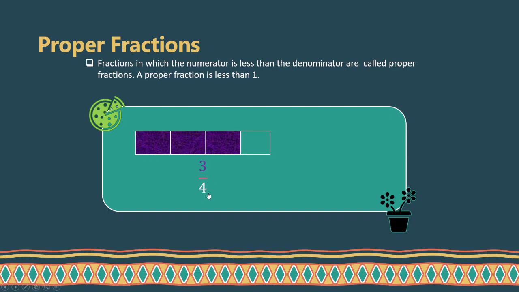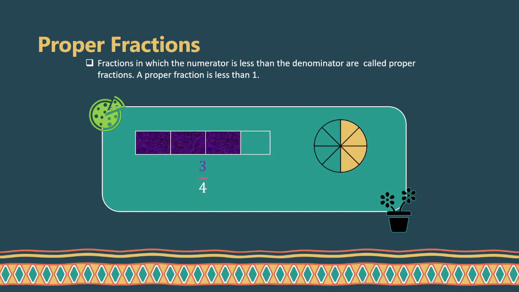Below the horizontal line is 4. 3 compared to 4: 3 is less than 4. In this case, this fraction is called a proper fraction. Because in a proper fraction, the numerator is always less than the denominator. So this kind of fraction is called a proper fraction.